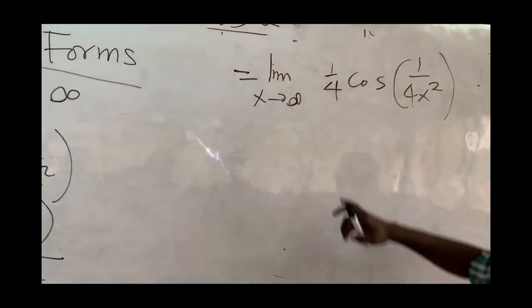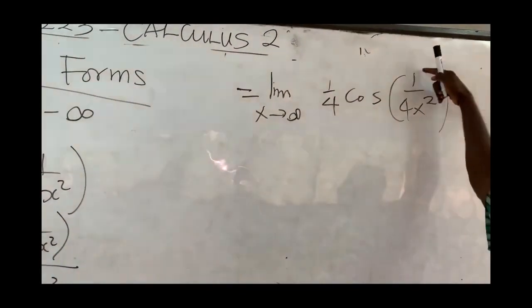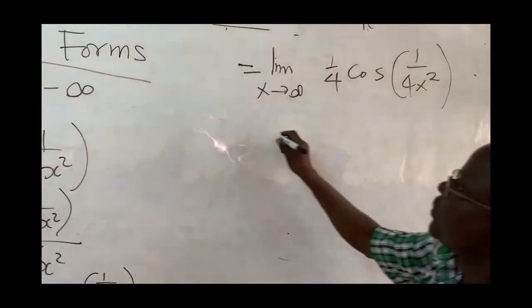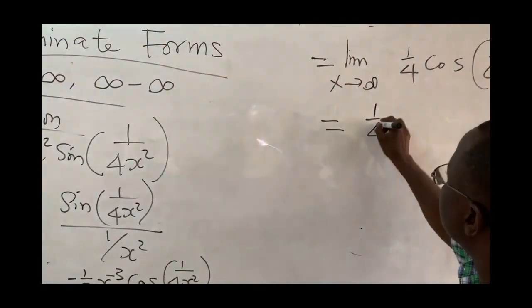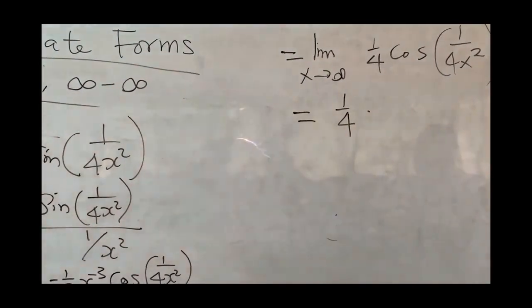Good. So now, watch this. As x goes to infinity, I'm going to have a 0 here. Cosine of 0 is 1. So this goes to 1 over 4. So that gives us, using L'Hopital's rule, that expression.